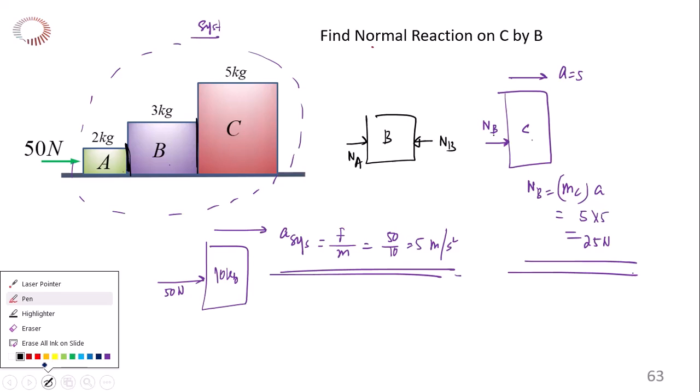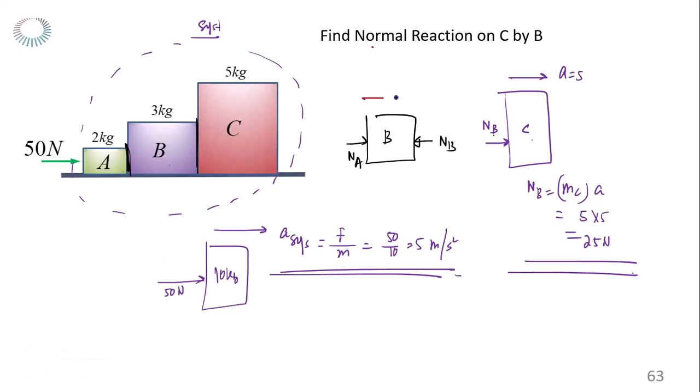Because of these two forces, the body moves in this direction with the system acceleration 5. So the net force along the acceleration is NA minus NB, which equals mass into acceleration. Mass of B is 3, and 3 into 5 means 15. Now NB is 25, so NA becomes 40.